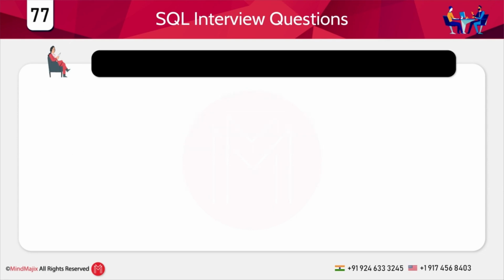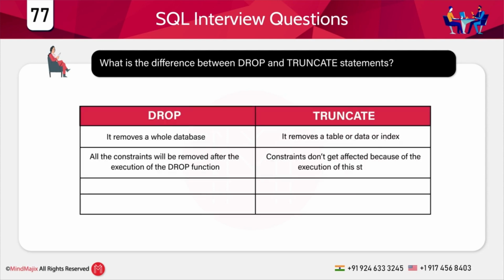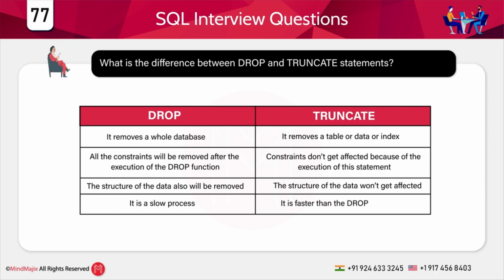The next question is, what is the difference between drop and truncate statements? As you can see on the screen, this is the table that highlights the difference between drop and truncate statements. If you use drop, it removes the whole database. And if you use the truncate statement, it removes a table or data or index. If you talk about the drop, all of the constraints will be removed after the execution of the drop function.